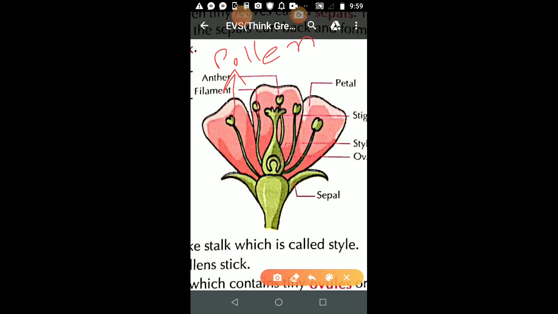This part is the stigma, which is sticky. So if the pollen comes from the anther and enters the stigma of the same flower, because the same flower has both male and female reproductive parts, the pollen from this male part comes into the stigma of the same flower. So this is known as self pollination.